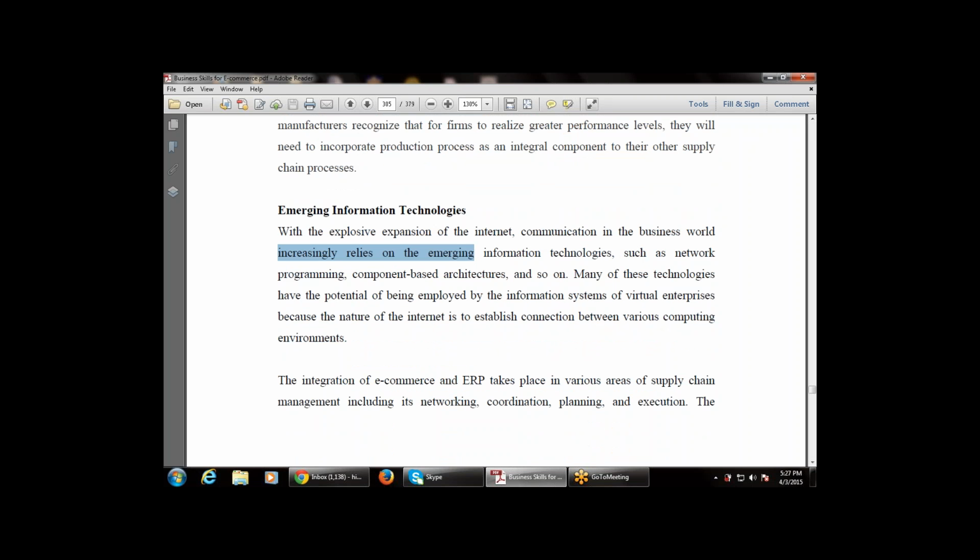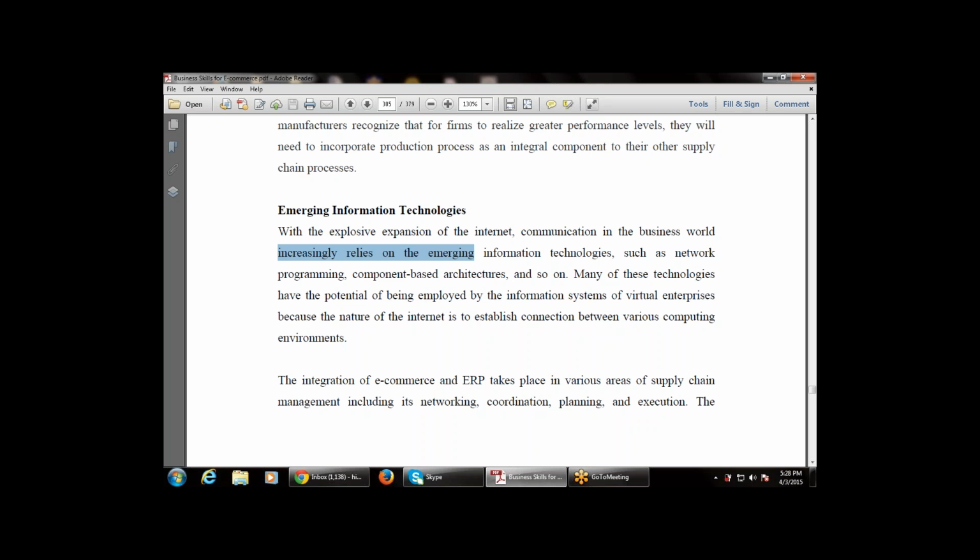Whenever there is an explosive expansion of the internet, that is a high usage of the internet, there is high communication in the business world that relies on emerging information technologies, such as network programming, component-based architecture, and many other technologies that have the potential of being employed by the information systems of virtual enterprises, because the nature of the internet is to establish connection between various computing environments.